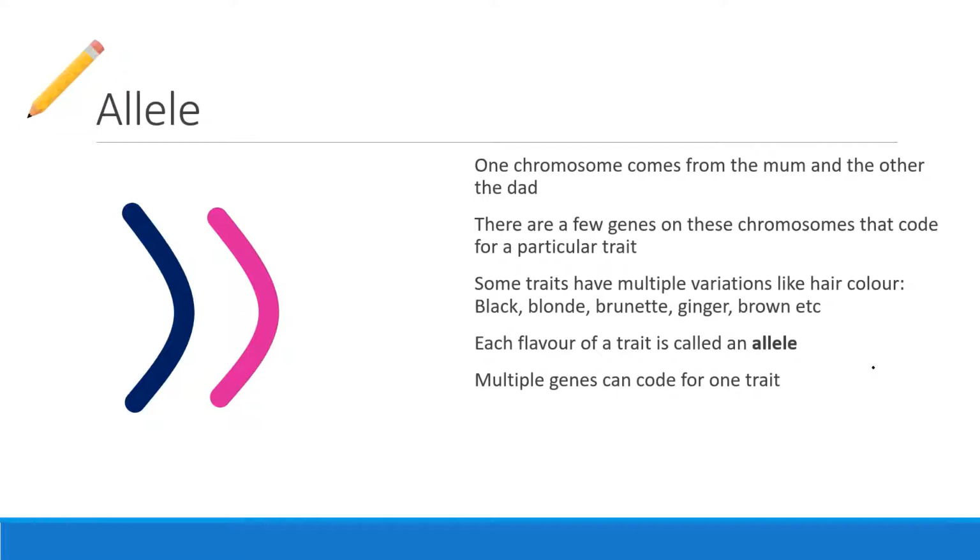Doesn't matter though. Now, there are a few genes on this chromosome that code for a particular trait. Let's just say that these sections here, if you don't understand, in these sections of the chromosome, there is a piece of DNA, and that piece of DNA will be like a G, A, T, A, C, whatever it is.